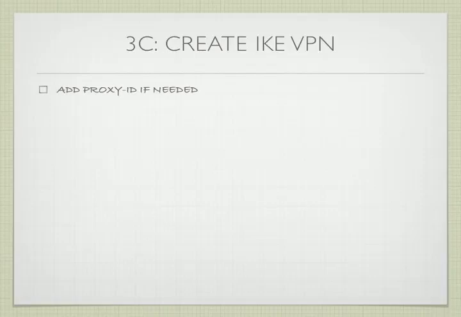Proxy IDs are handled differently on route-based VPNs. If you don't do anything, which is the preferred method for a route-based VPN, it will use as its proxy ID 0.0.0.0/0, meaning any network to any network can be connected across this VPN.